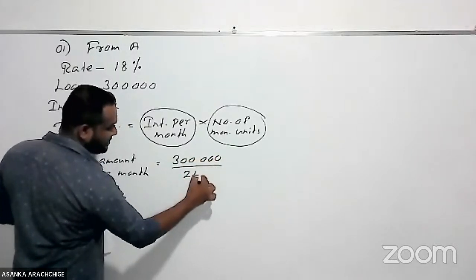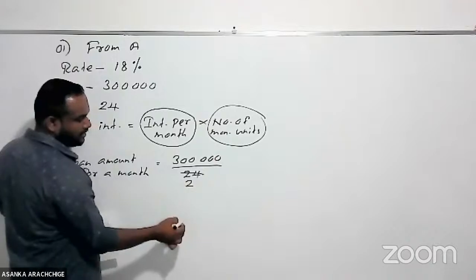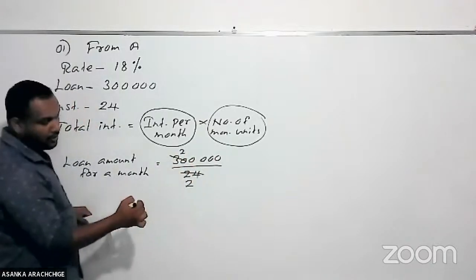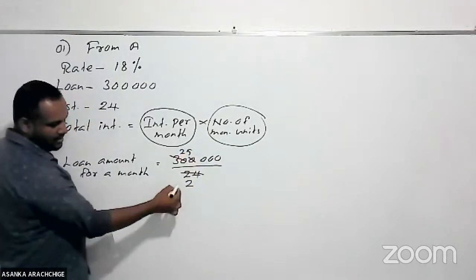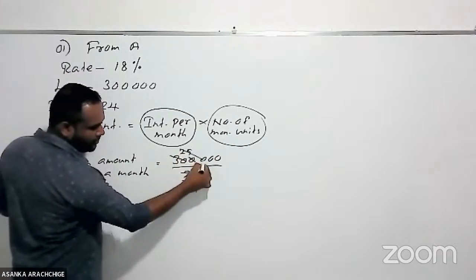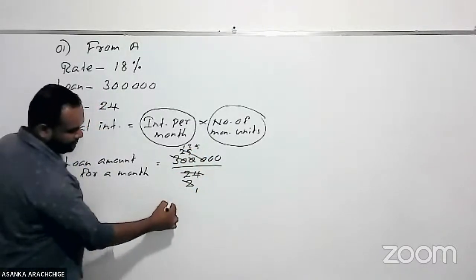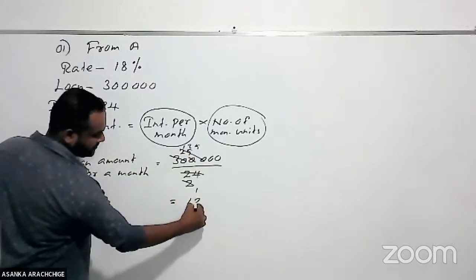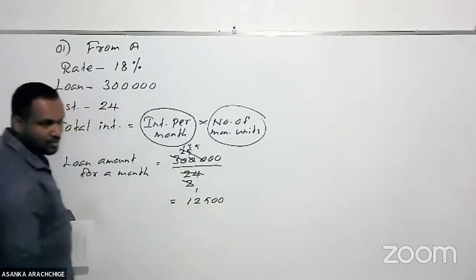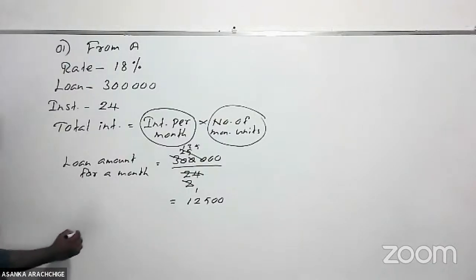That should be divided by 24. 12 times 2 is 24, and 6 remaining, 60, 12 times 5, 2 times 1, 250, 2 times 125. Clear? Therefore, the loan amount for a month is 12,500 rupees. Now you can find interest per month. දැන් පුළුවන් හොයන්න interest per month.